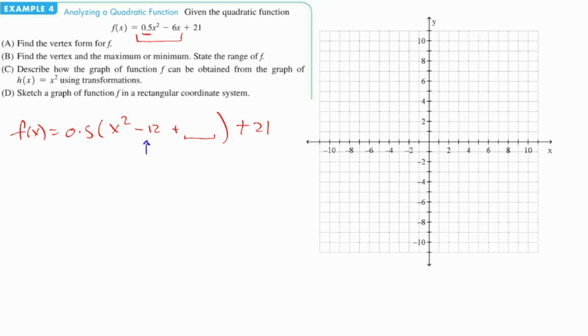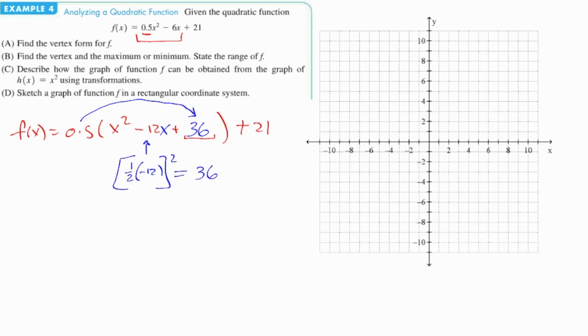We will take half of this linear term and square it. Half of negative 12 is negative 6. Negative 6 times itself is positive 36. That is what completes the square, but really 0.5 times 36 is plus 18.